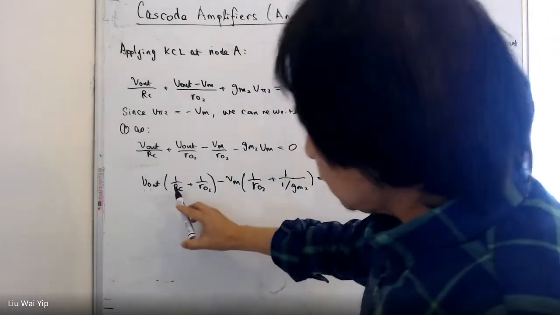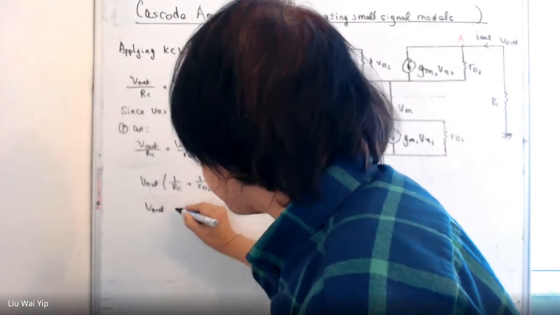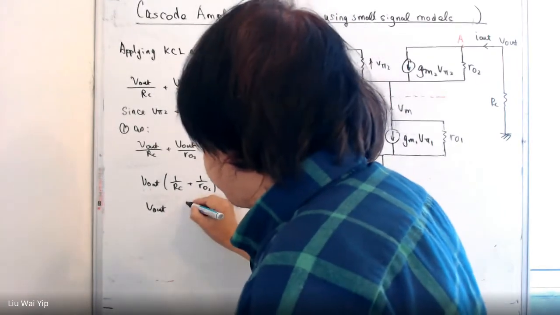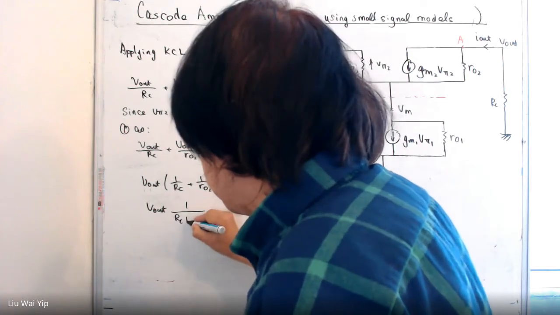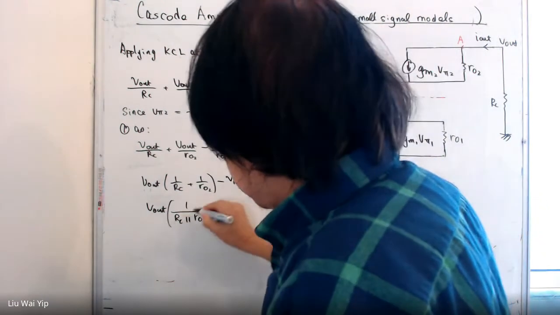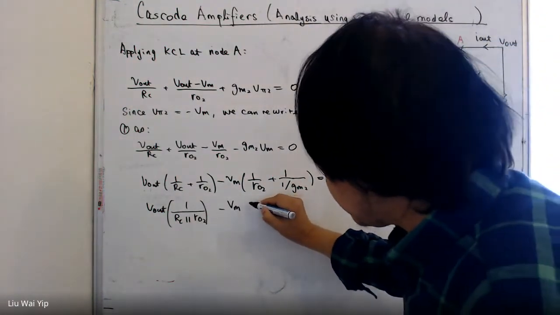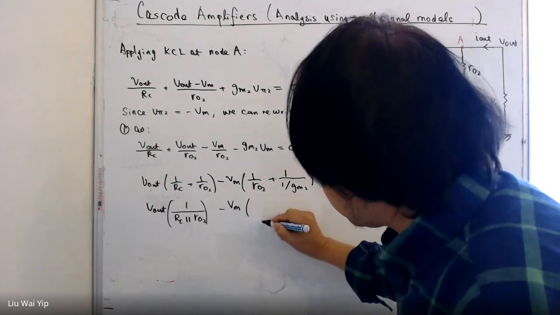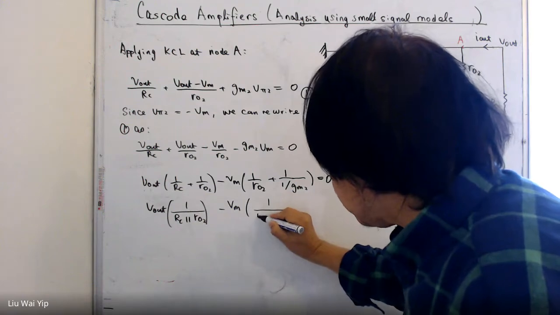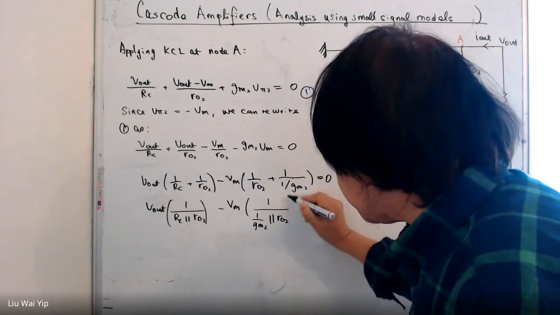So if you are careful enough, this guy here is equal to 1 over RC by 2. And Vm here is this guy here, and it is going to be 1 over Gm2 in parallel with RO2.